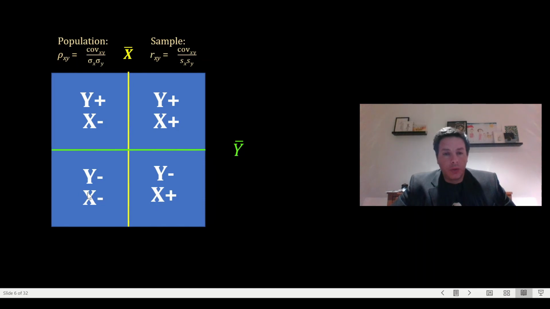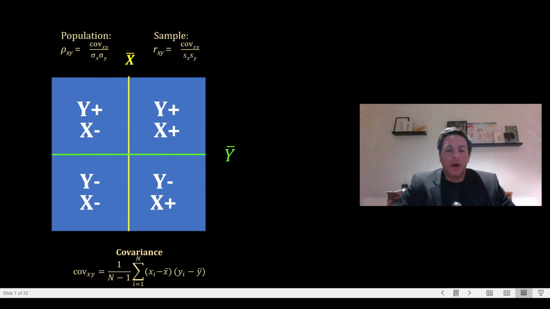Now, I'm going to show you the formula of covariance, which is here, and I don't want you to worry too much about this formula, but I want you to try to understand why this formula will create positive values if the correlation is positive, and negative values if the correlation is negative.